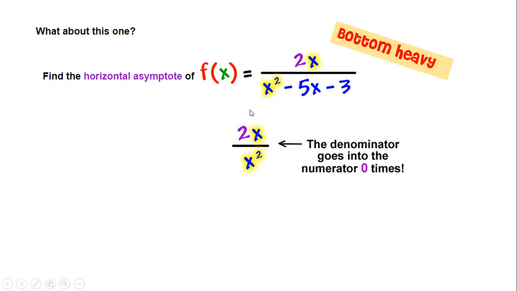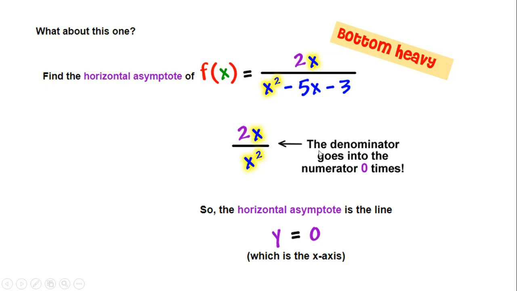If you look at it this way, we're supposed to divide the numerator by the denominator. But in this case, obviously, the denominator goes into the numerator 0 times. It cannot go in there because the bottom, which is the divisor, is greater than the top, which is the dividend, right? So with this, you can remember the horizontal asymptote is the line y equals 0.